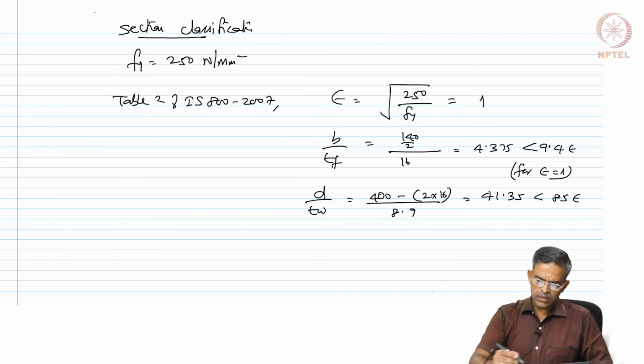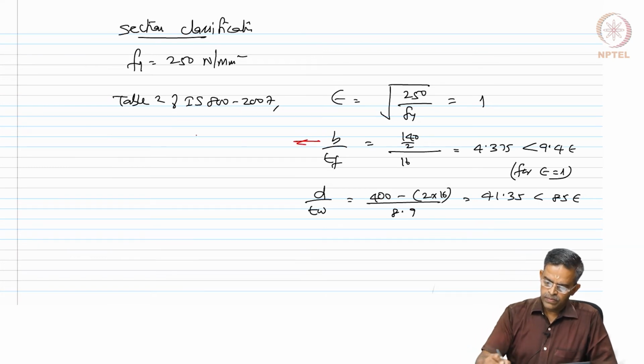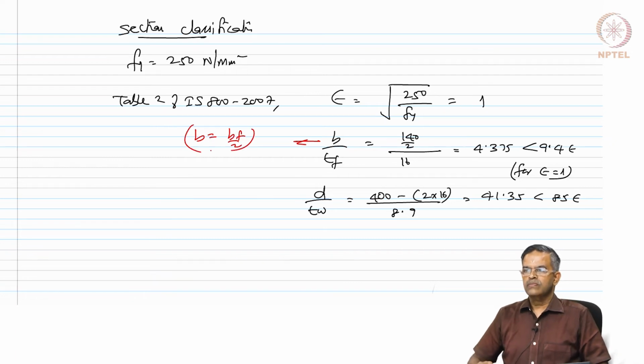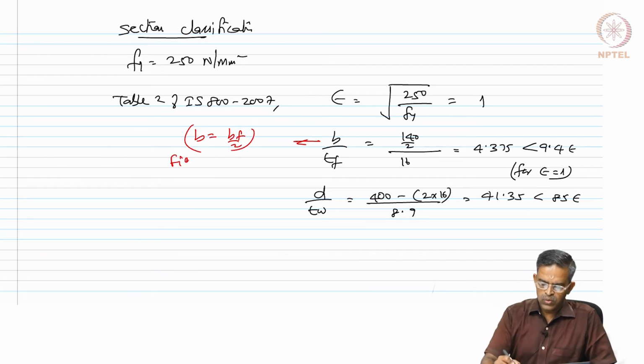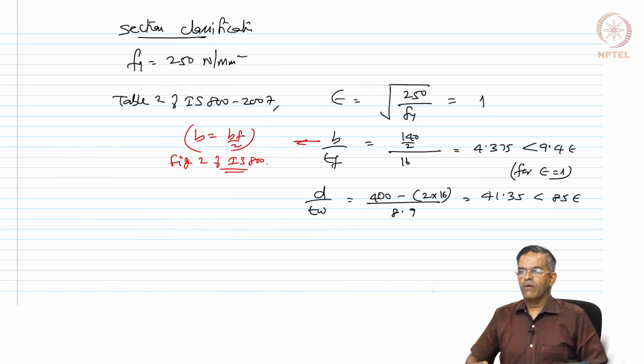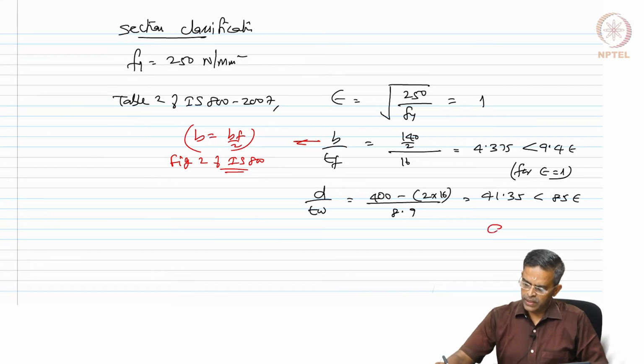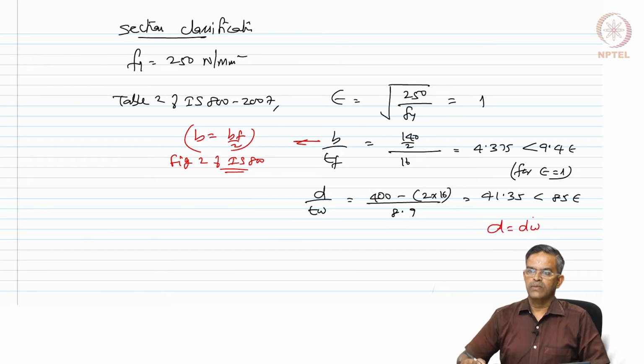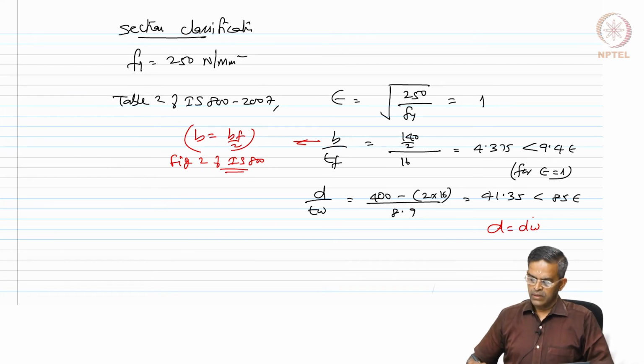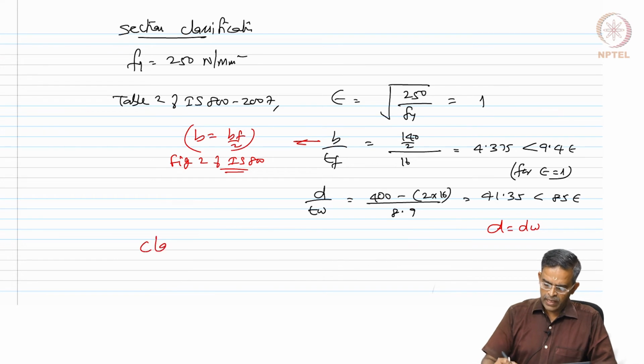So, friends, in this equation, if you note, this b actually is Bf by 2. Look at figure 2 of IS 800. And of course, d is dw, only the web. So, now based on these data, we can classify the section as plastic section.